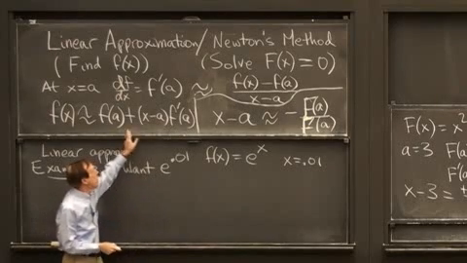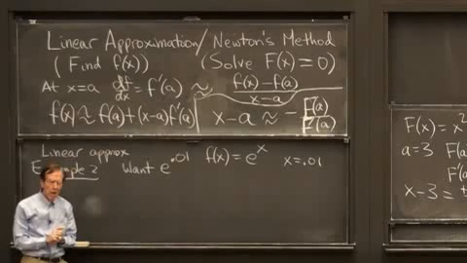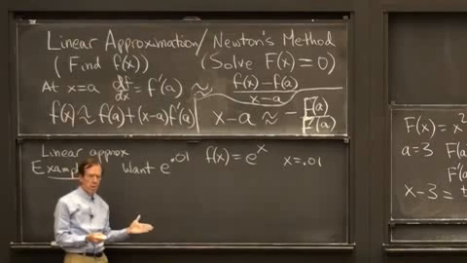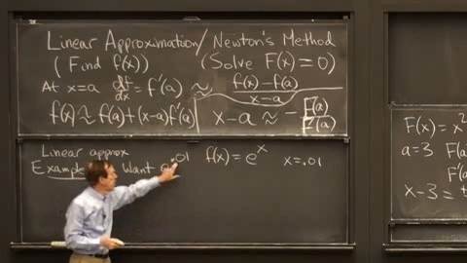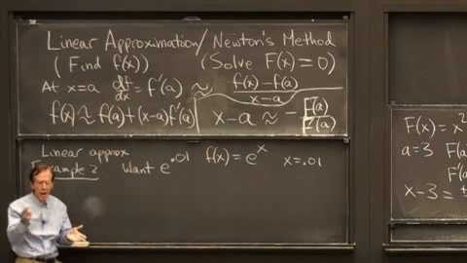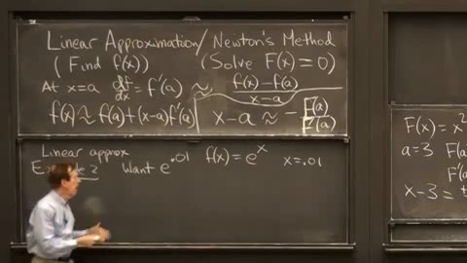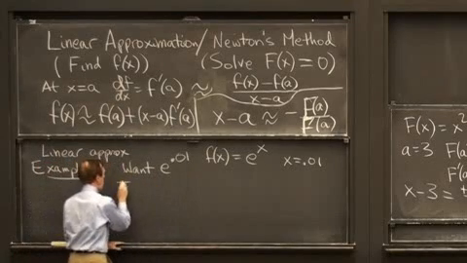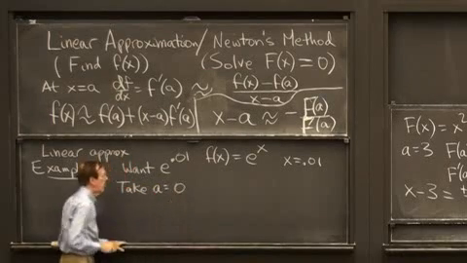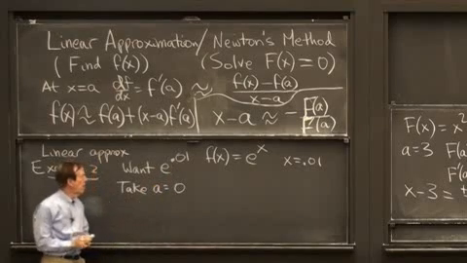I am not going to get an exact number here. I'm going to follow the tangent line. I'm going to get a close number. So where shall I start? I'll start with a number that's close to that and where I do know the correct e. And a number close to that is I'll choose a to be 0. That's close to 0.01.